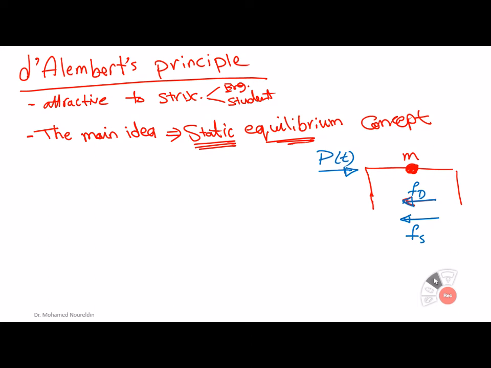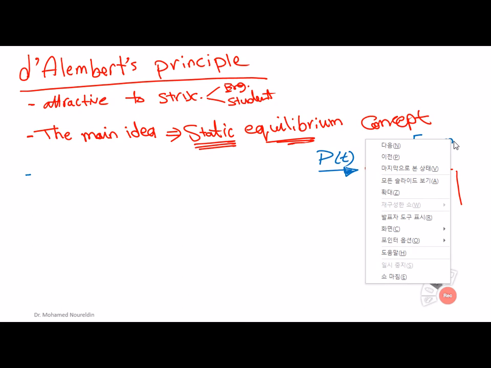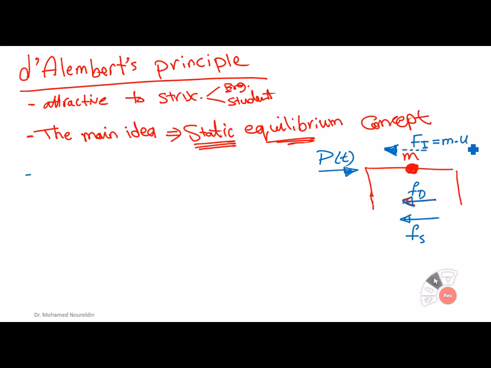Whenever a dynamic loading is applied on a mass, this mass is going to resist this force by something called inertia force, as I have explained in the first video, F inertia. We know that it equals m times u double dot.